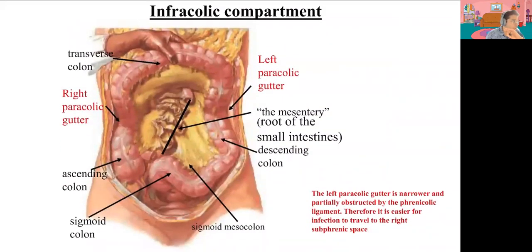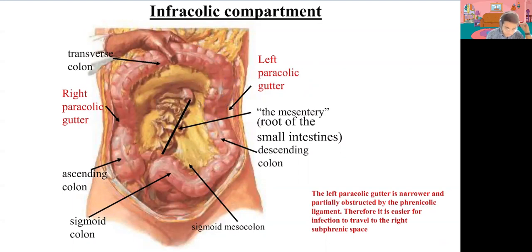Okay. I don't know why the gutters weren't that big of a thing on our exam, but I don't know if it will be for you guys. Remember, the left paracolic gutter is a little interesting because it's narrower and partially obstructed by the phrenocolic ligament. What that essentially means is that if there's any sort of bleed, it will have a harder time getting in there.